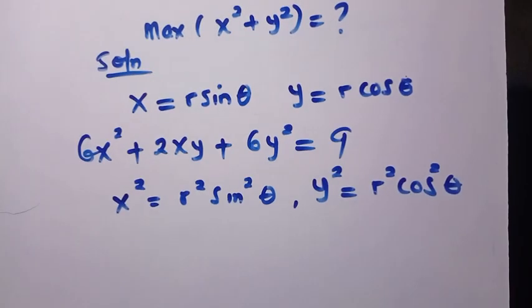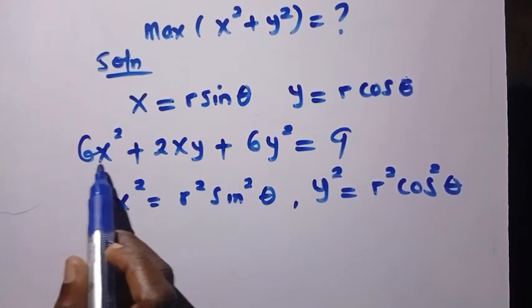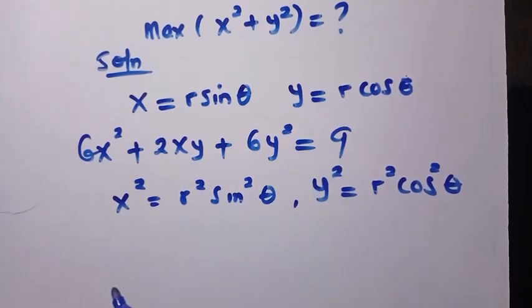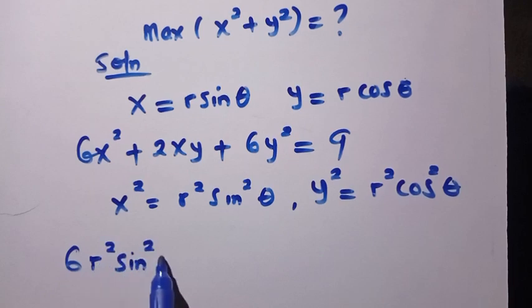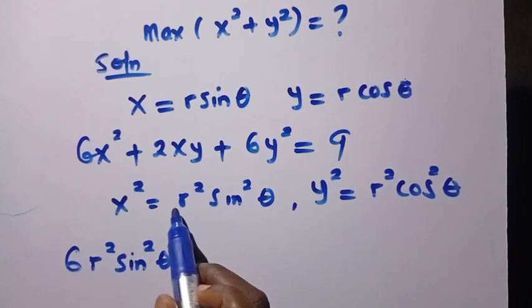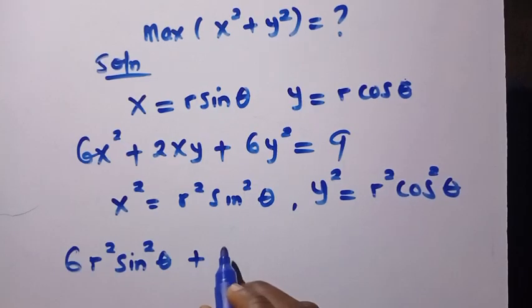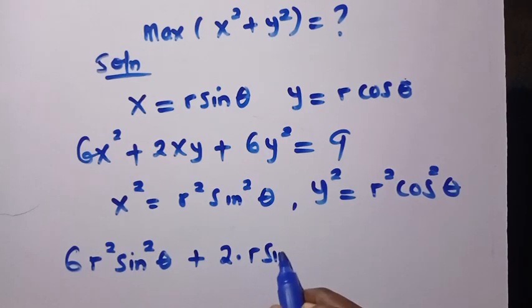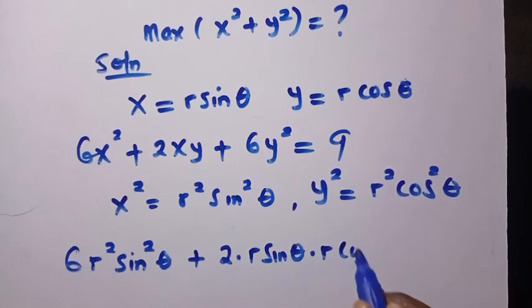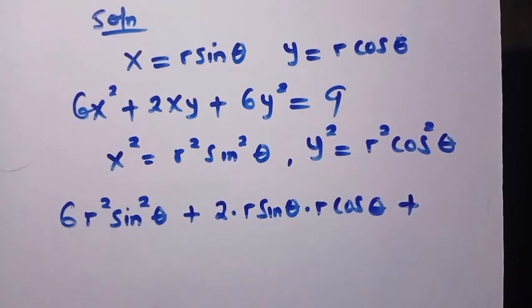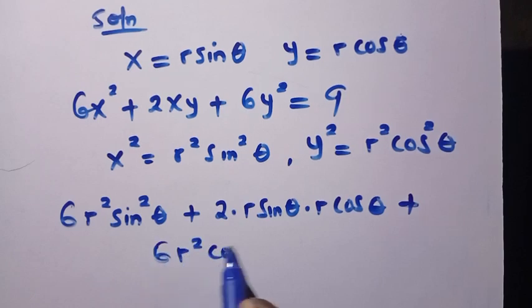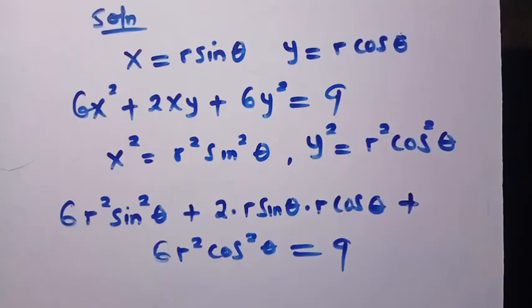Then by replacing this in 6x squared plus 2xy plus 6y squared equals 9, we have 6r squared sine squared theta plus 2 multiplied by x, which is r sine theta, multiplied by y, which is r cos theta, plus 6y squared, which is 6r squared cos squared theta, equals 9.